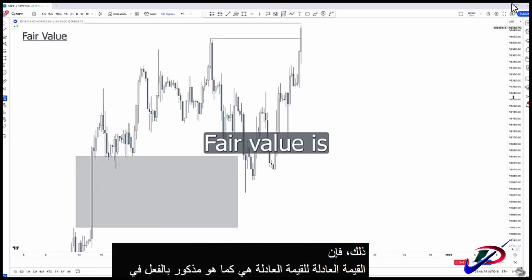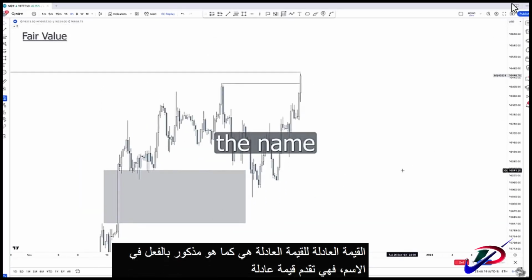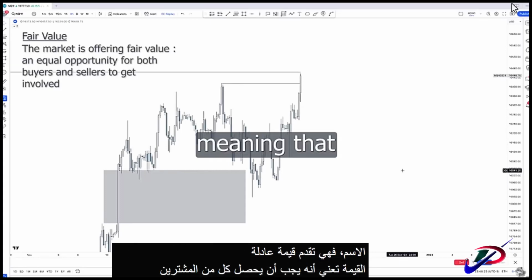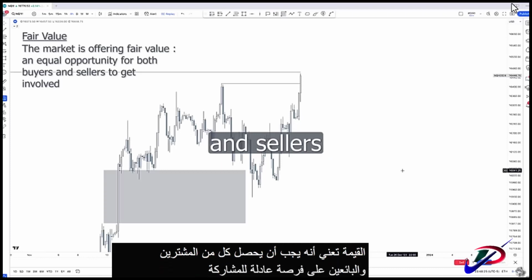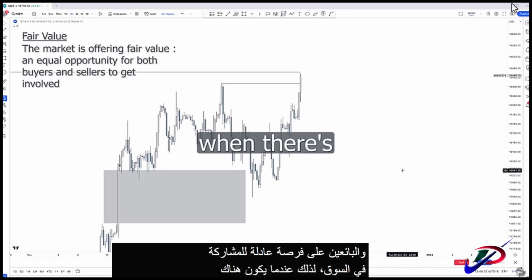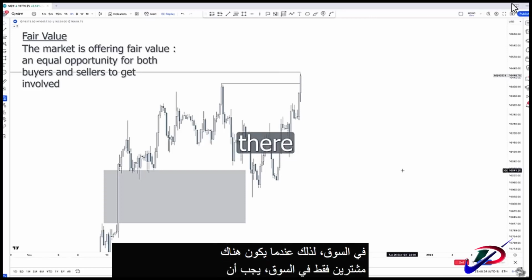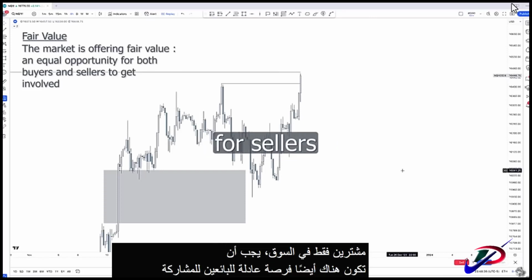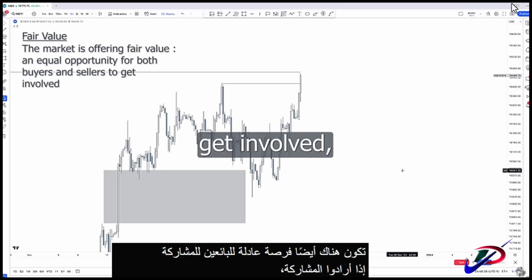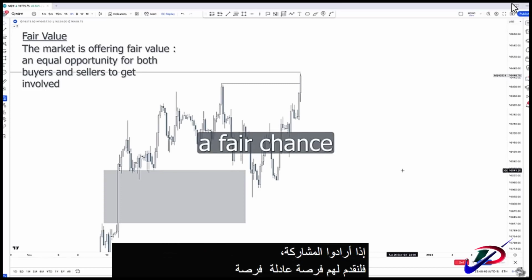Fair value is, like it already says in the name, offering fair value. Meaning that both buyers and sellers should get a fair chance to get involved in the market. So when there's only buyers in the market, there should also be a fair chance for sellers to get involved. If they want to get involved, then let's offer them a fair chance.